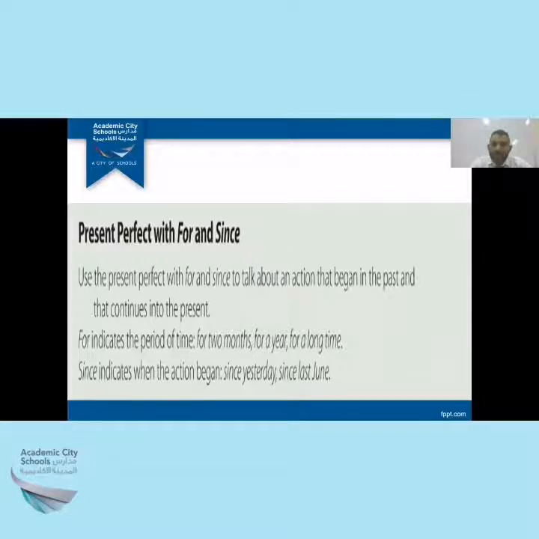For indicates the period of time. For example, for 2 months, for a year, for a long time. Since indicates when the action began. Since yesterday. Since last June.